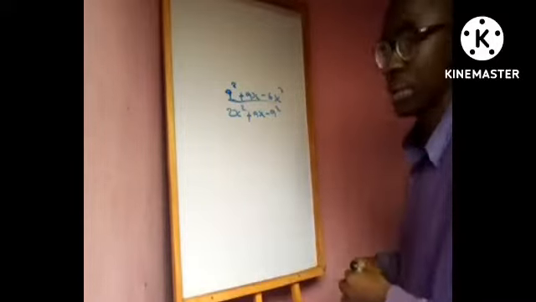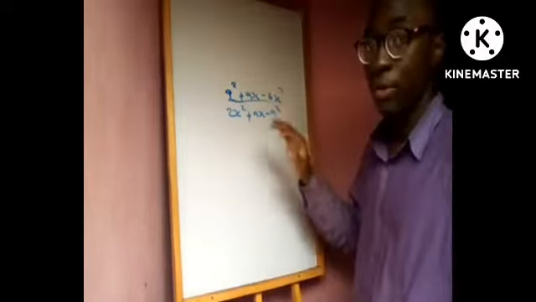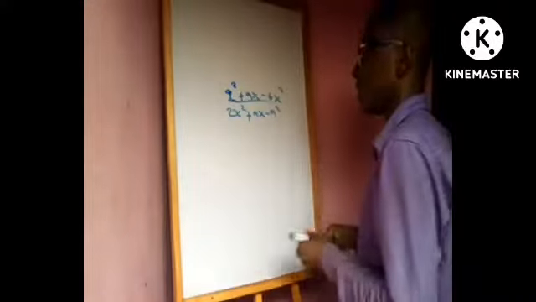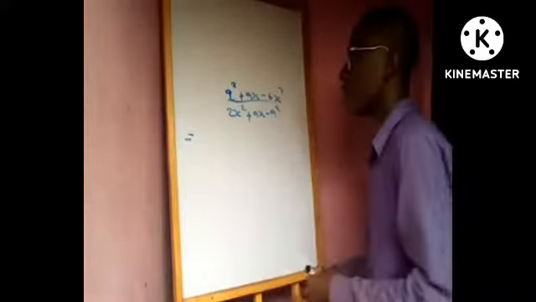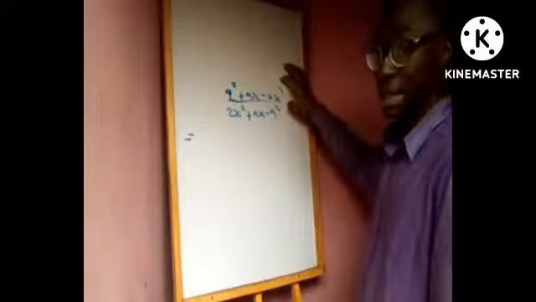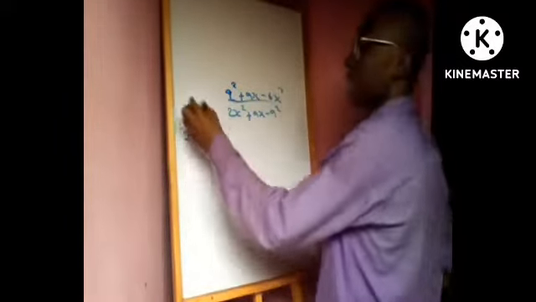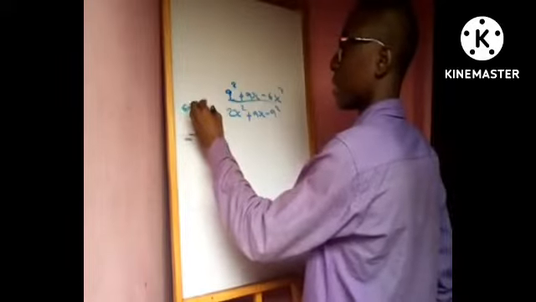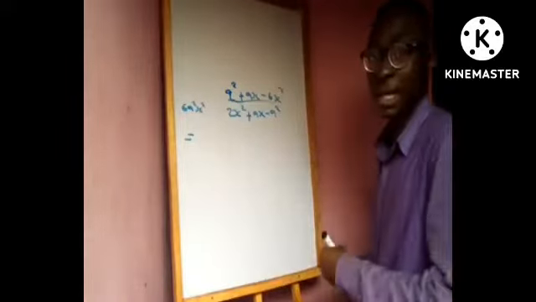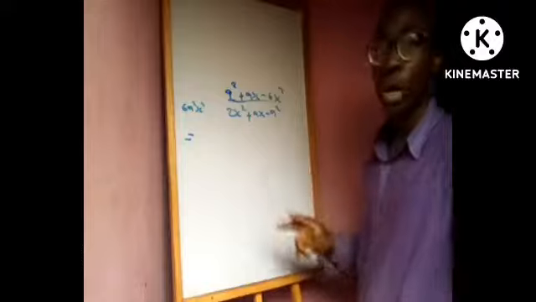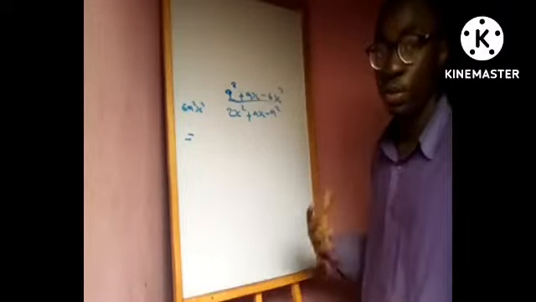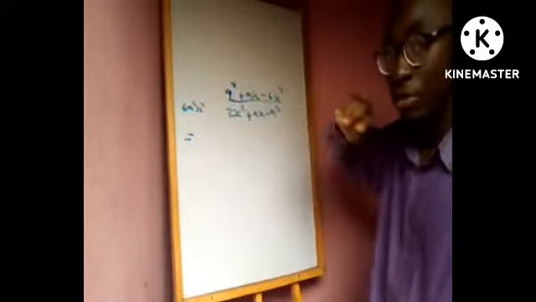Now, these are simply quadratic expressions, and we want to factorize them out. In the first instance, we multiply the first and last terms. That will be 6a squared x squared. Then we look for two terms whose product will give us this, and whose sum will give us the middle term.